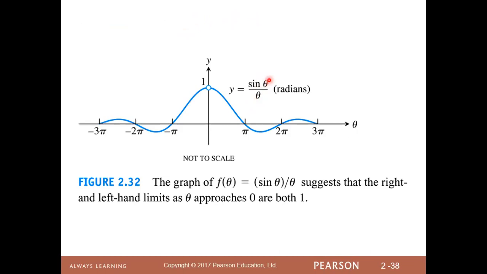Okay. Here is the limit of sine theta divided by theta, right? We proved using trigonometrics that the limit as theta goes to 0 is equal to 1, right? The limit of sine theta divided by theta as theta goes to 0 is 1.